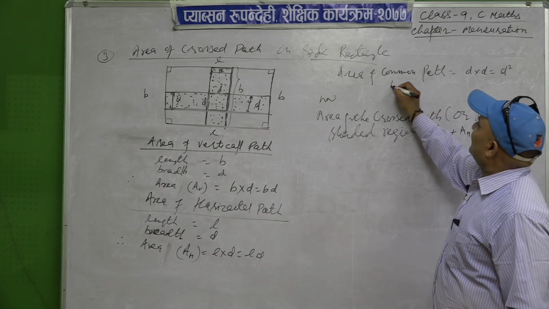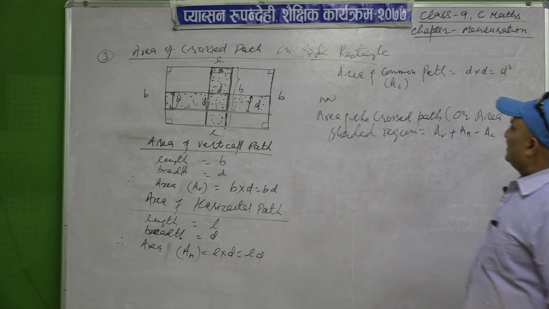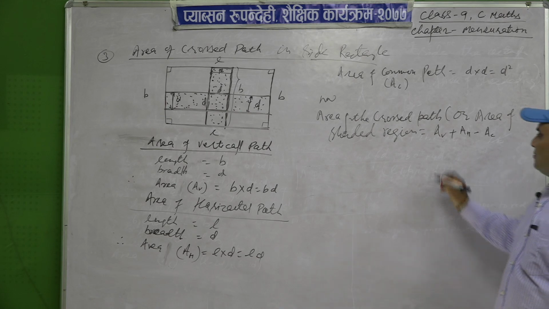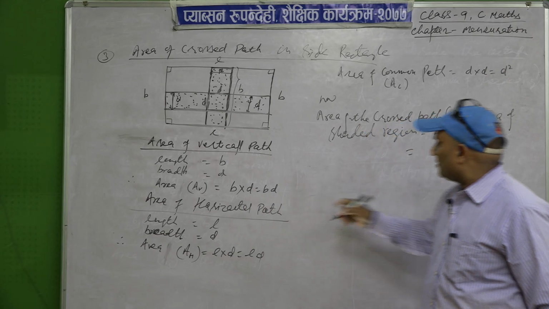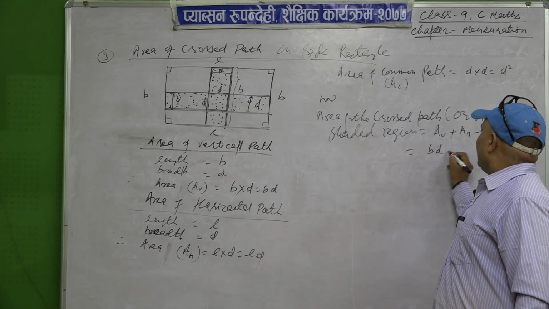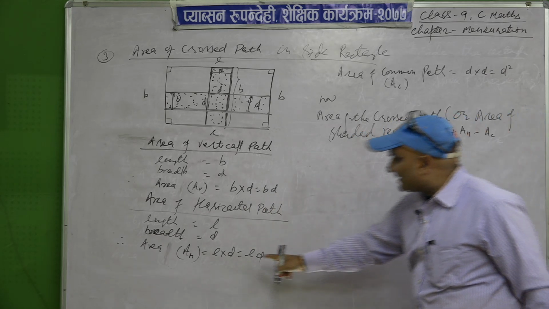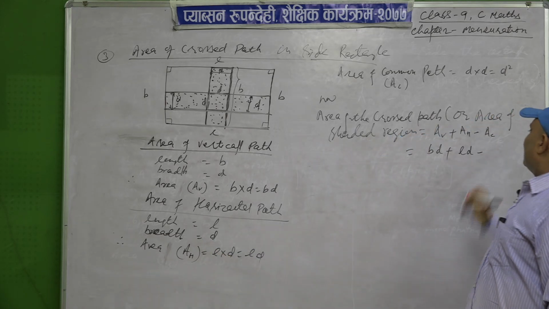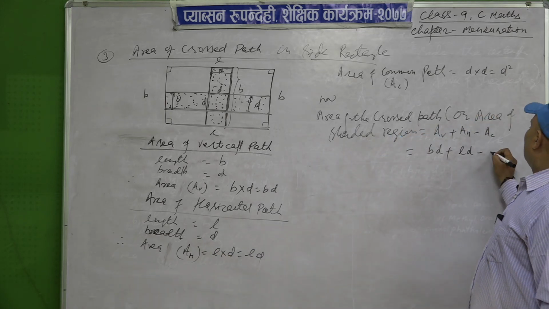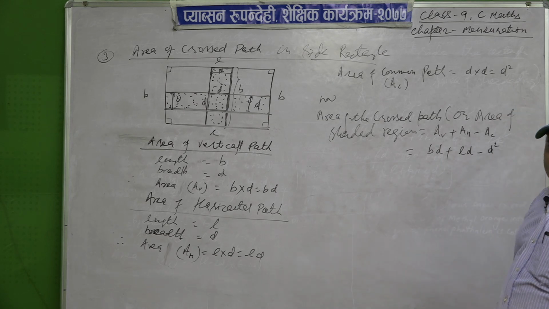The area of vertical path is BD, plus area of horizontal path LD, minus area of common path, that is D square.